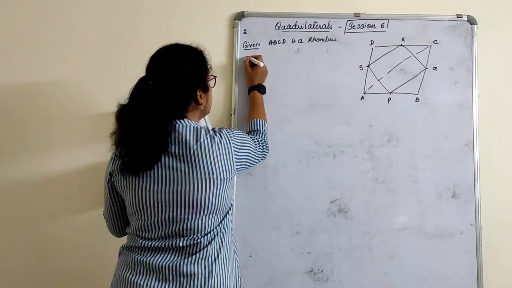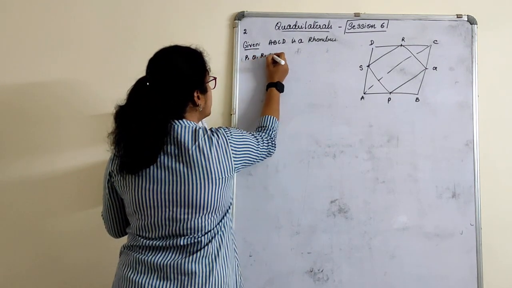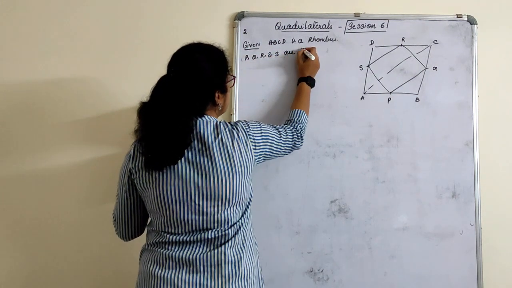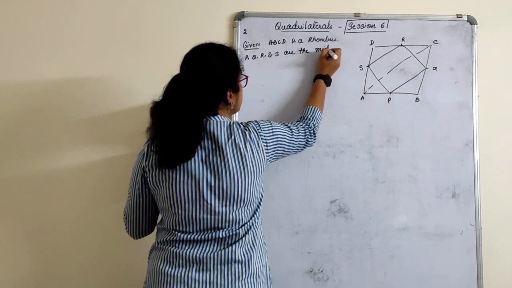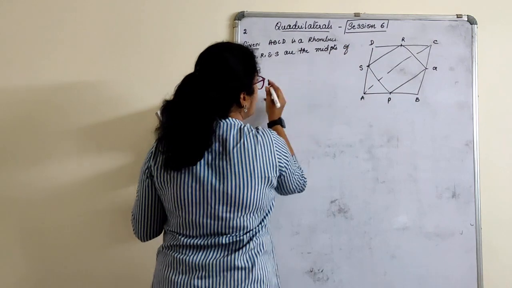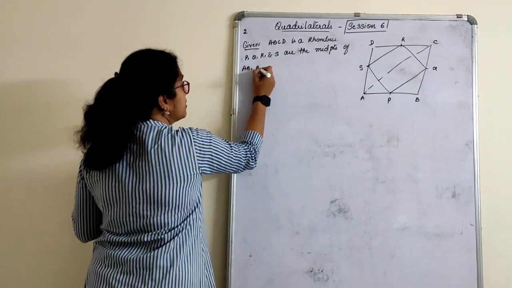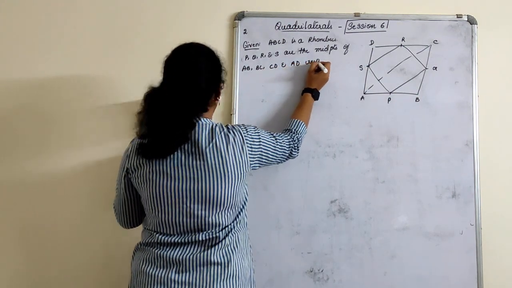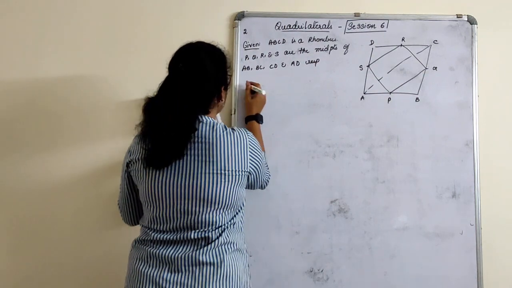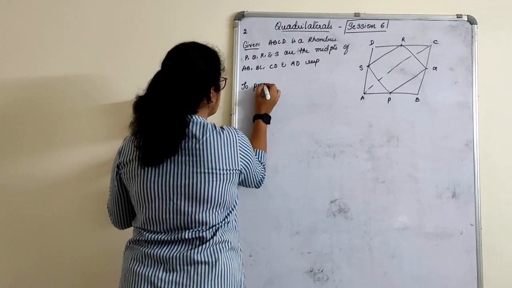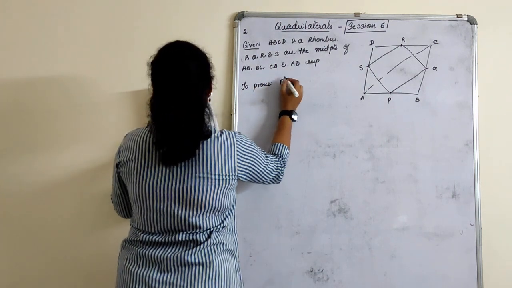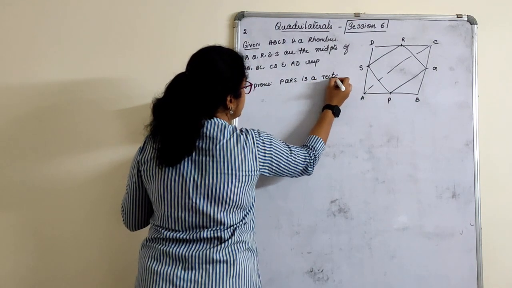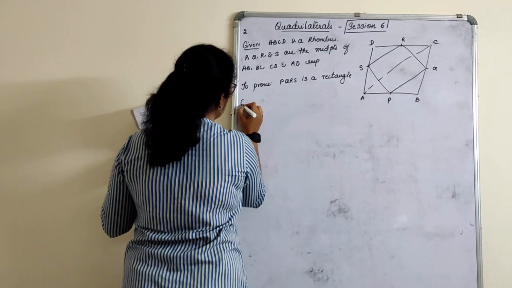ABCD is a rhombus, and P, Q, R and S are the midpoints of AB, BC, CD and AD respectively. To prove: PQRS is a rectangle. Construction.